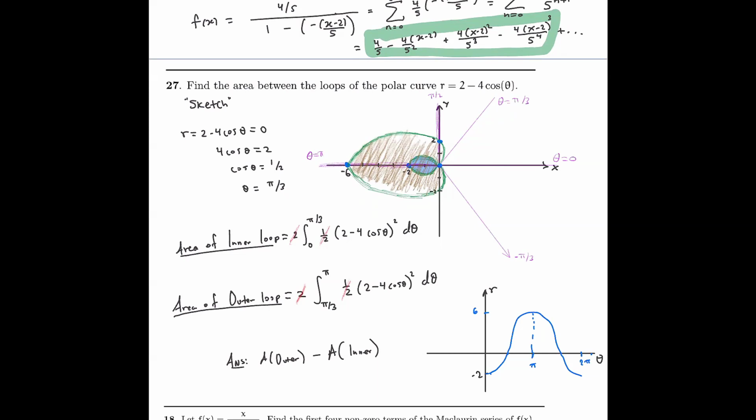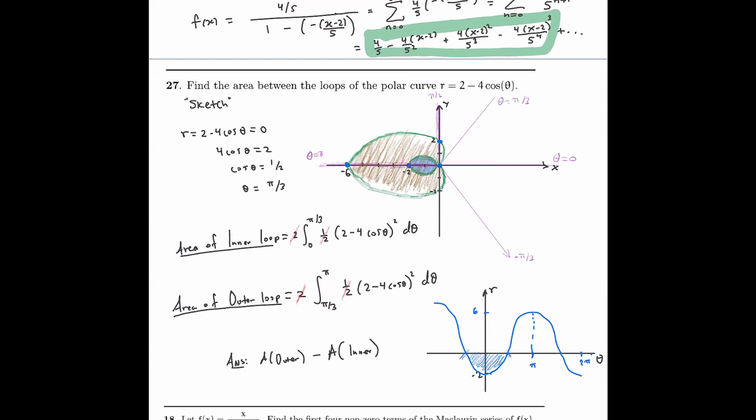So let's see. Here we have the inner loop. You will continue this curve on the left side, like this here, because it's symmetric about the x-axis. The inner loop that we highlighted there is this inner loop here, and it will go from this angle to that angle.